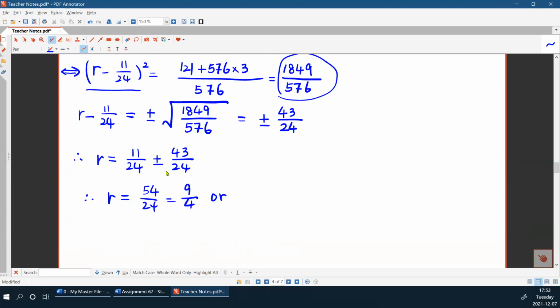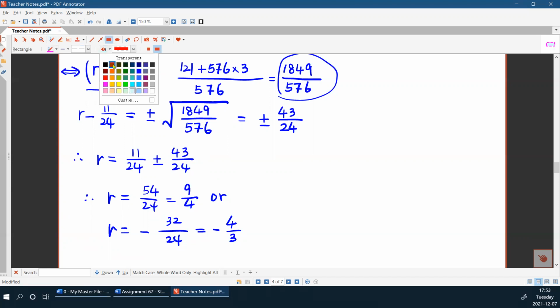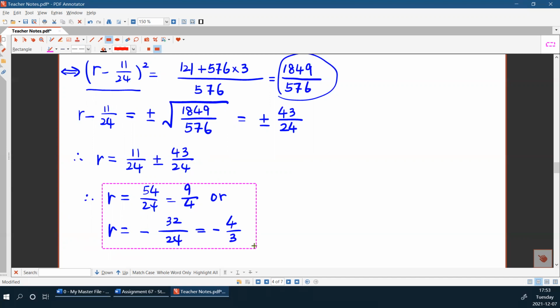Or if you choose the negative sign here, r equals negative 32 over 24, which can be simplified to minus 4 over 3. So there are two solutions: 9 over 4 or negative 4 over 3.